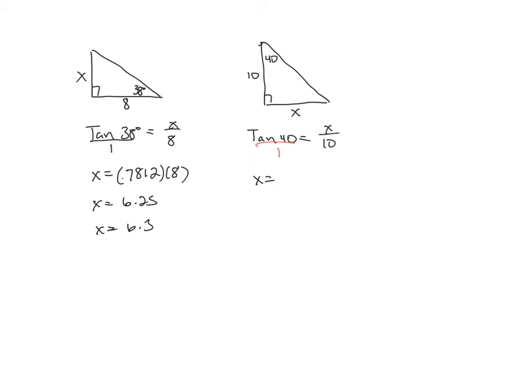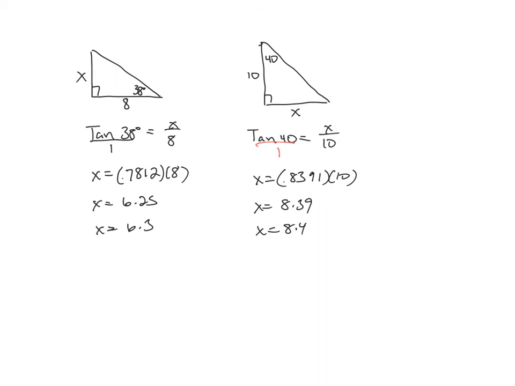Then I need to type in 40 degrees, tangent, 0.8391, times 10, and we get 8.39 or 8.4. Those are the easier ones where the x ends up on top when you do tangent.